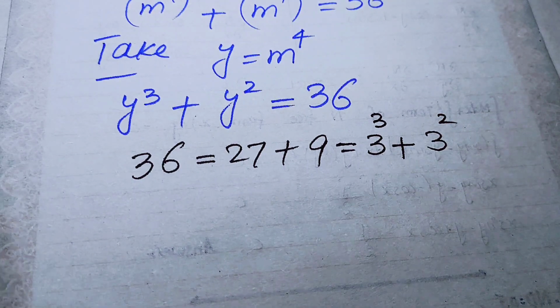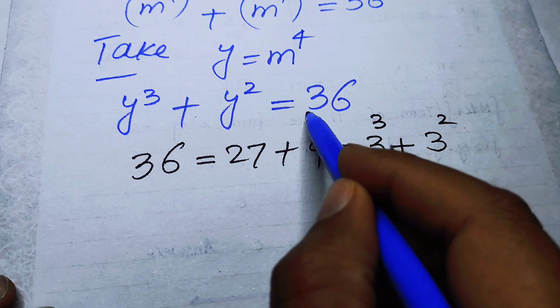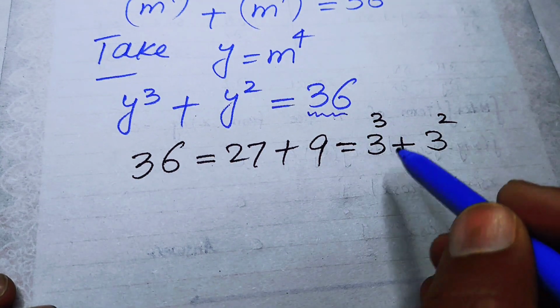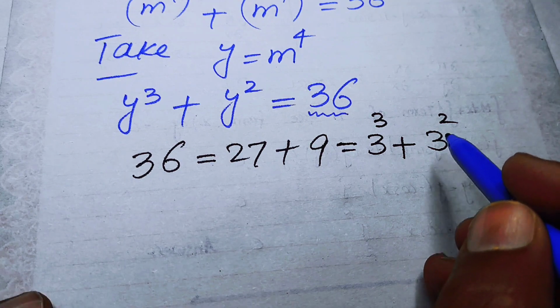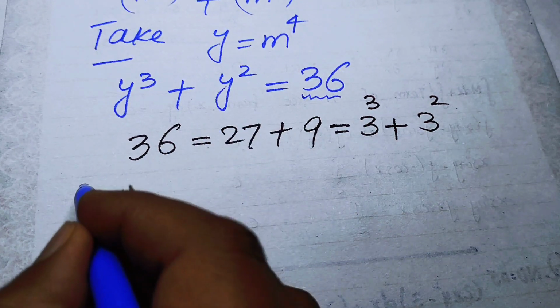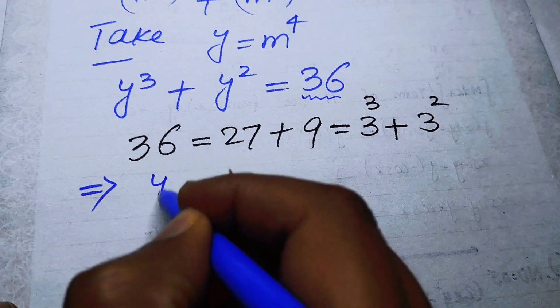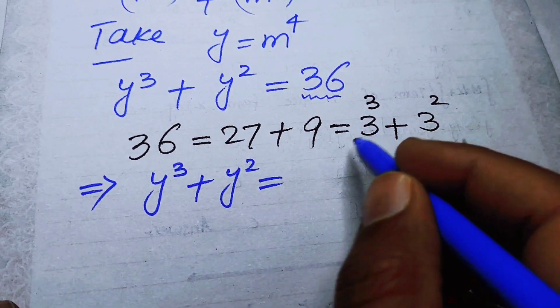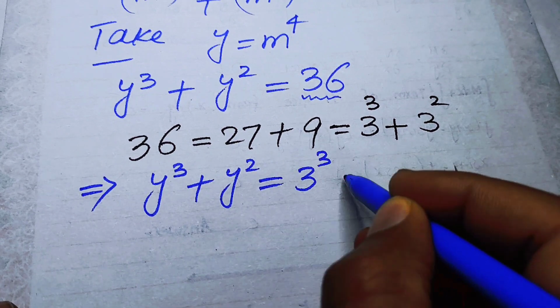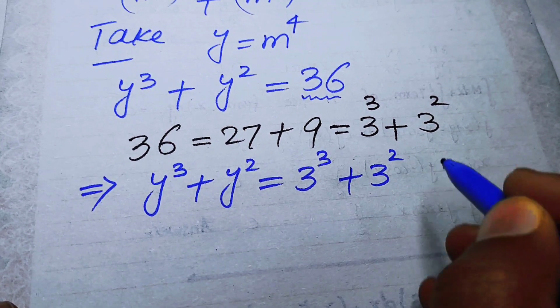So we replace this 36 by 3 to the power of 3 plus 3 to the power of 2, so that this expression becomes y cubed plus y squared is equal to 3 cubed plus 3 squared.